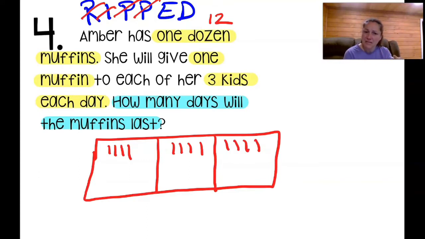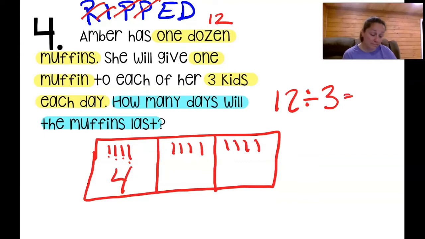How many days did they last? I can see it right here: 1, 2, 3, 4. So they lasted 4 days. I could do that as division too: 12 muffins divided by 3 kids equals, 12 divided by 3 is 4.